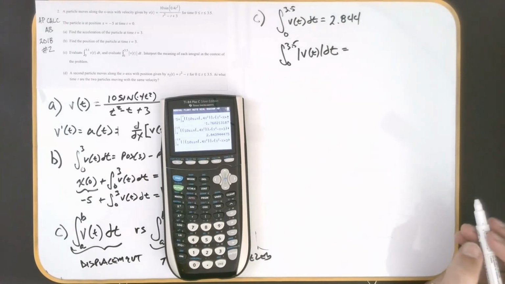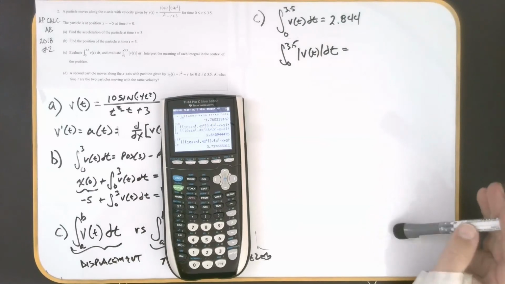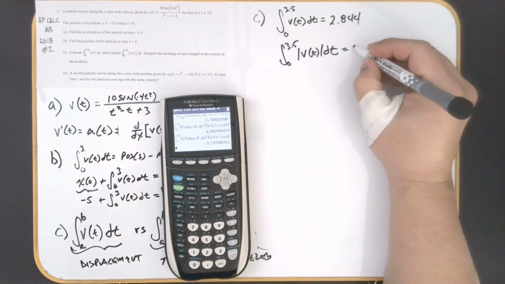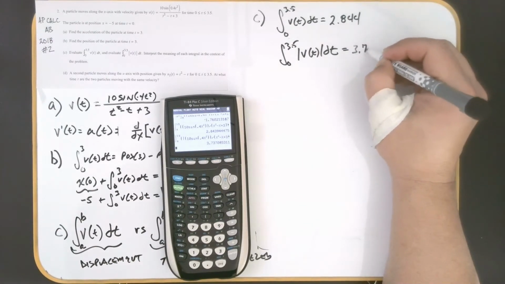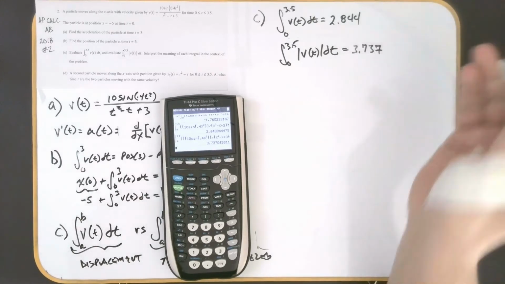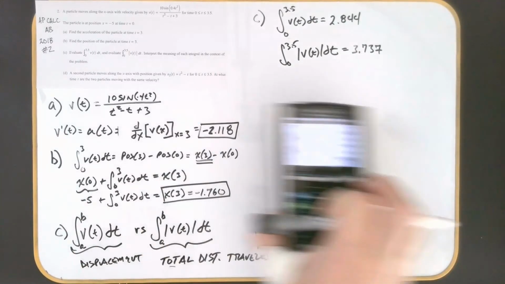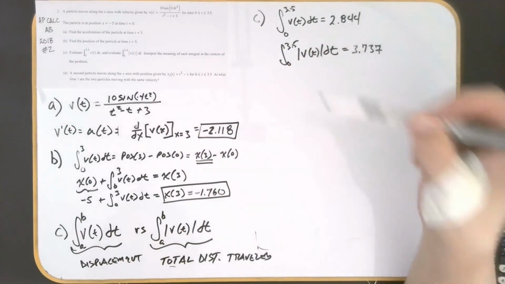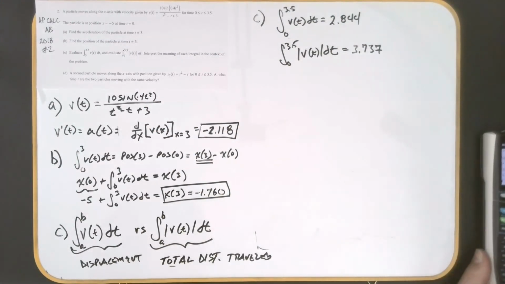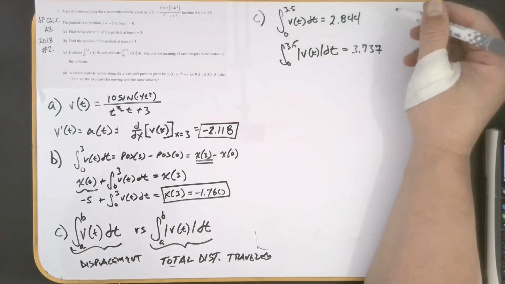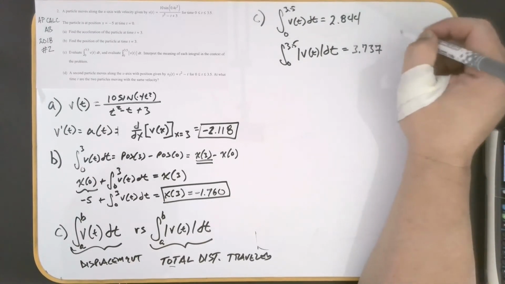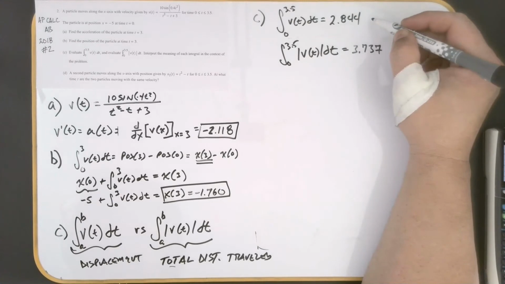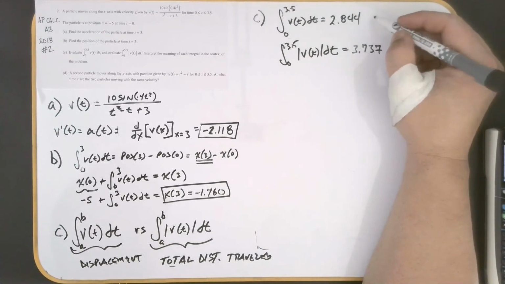Calculator does the work for us, and still thinking. And we get 3.737. It was larger, which is what we were anticipating. So let's go back to the question. It says evaluate them. We just did. Interpret the meaning of each integral in the context of the problem. This very first one is going to give us the displacement.